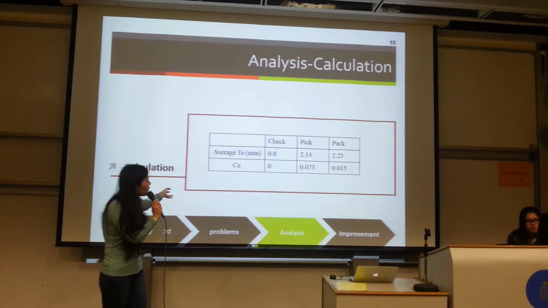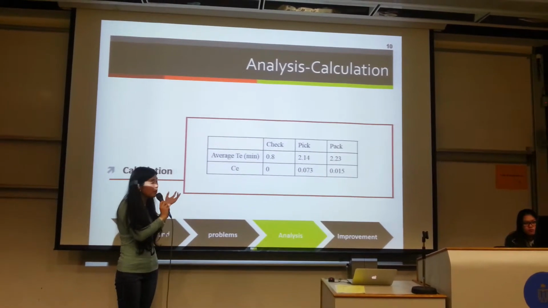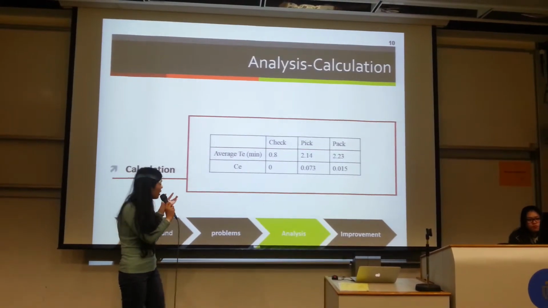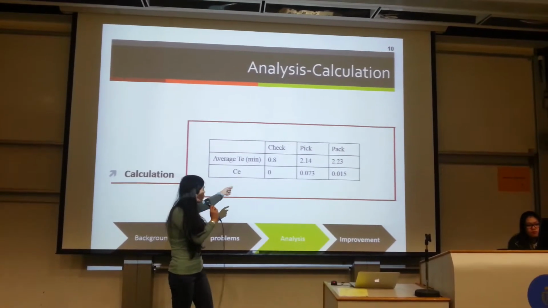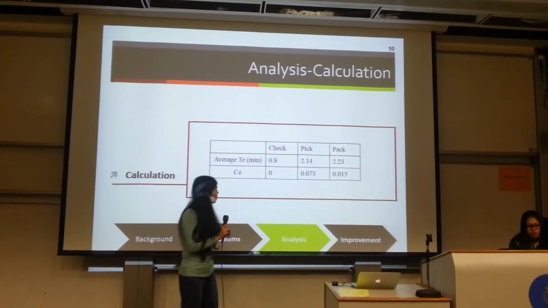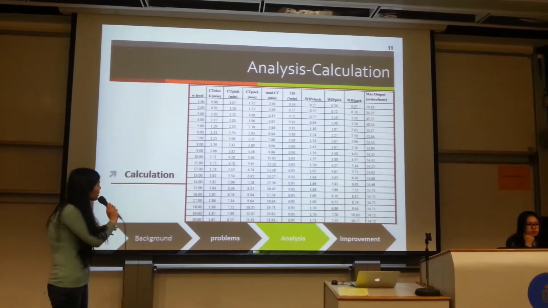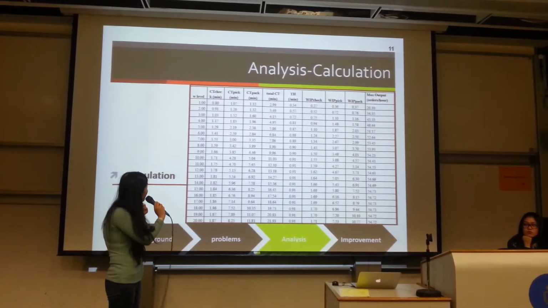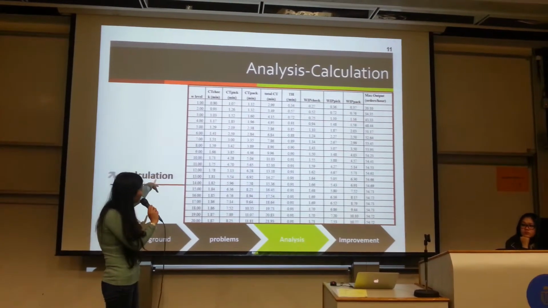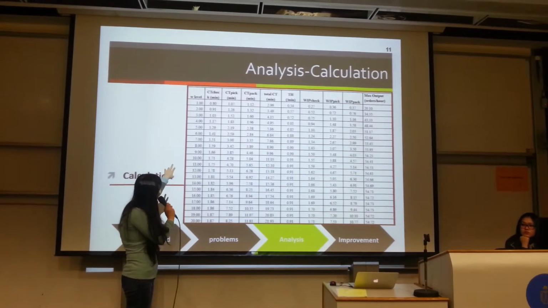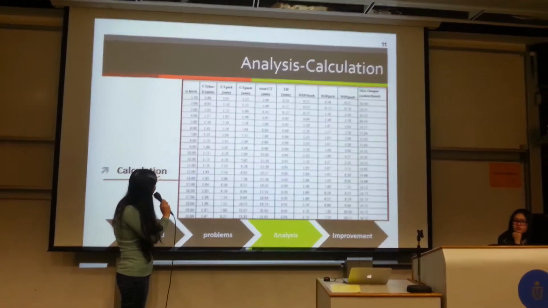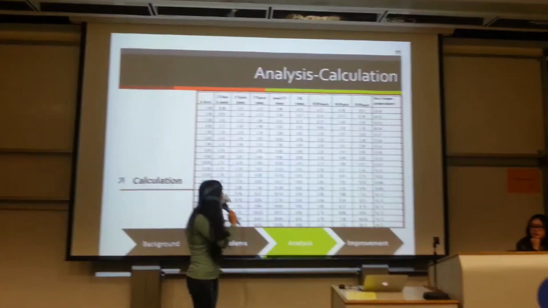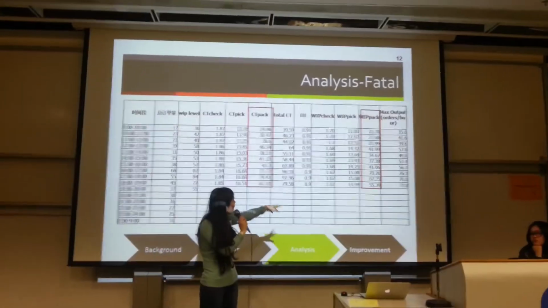We also found the coefficient of variation of the effective processing time, CE, for the different stations. Then, using the algorithm and the data we have, we can work out this table. This shows, when the system has different WIP levels, the changing CT and the WIP of each station.